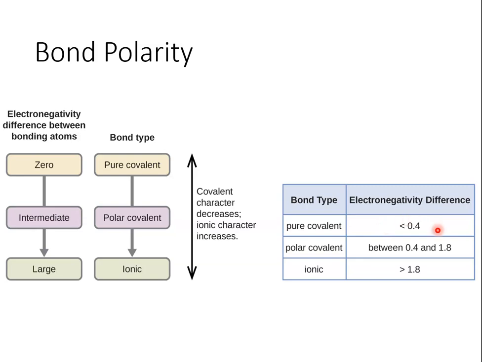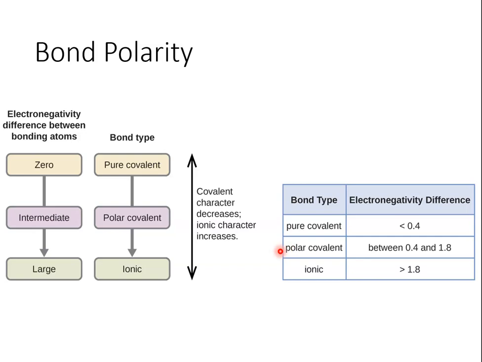Anything that is smaller than that will also be considered nonpolar, pure covalent. If it's between 0.4 and close to 2 somewhere, some books will say 1.7, some will say 2, some will say 2.1, those would all be considered polar covalent. So it's not really a hard cutoff at this end.